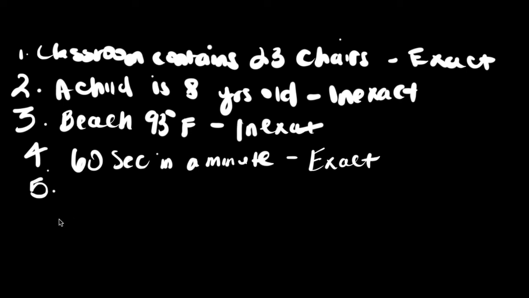Number 5. A car is traveling 73 miles per hour. Exact or inexact number? That's an inexact number because even though the car may look like it's driving 73 miles per hour, the speed could be fluctuating.